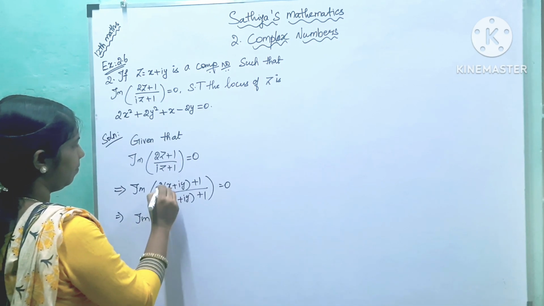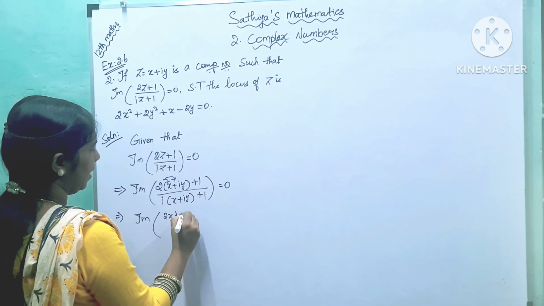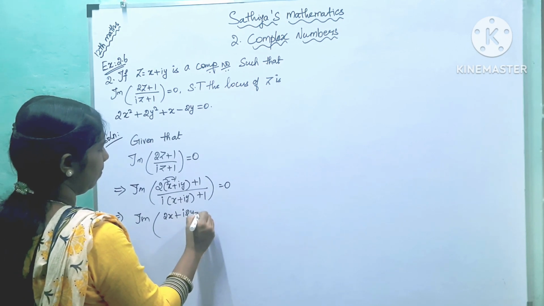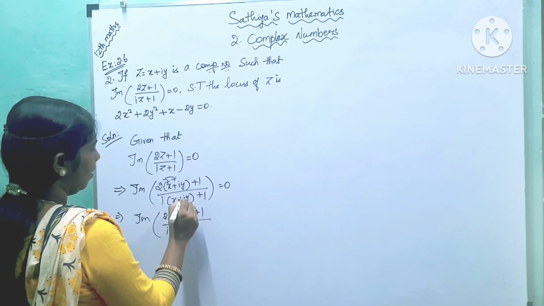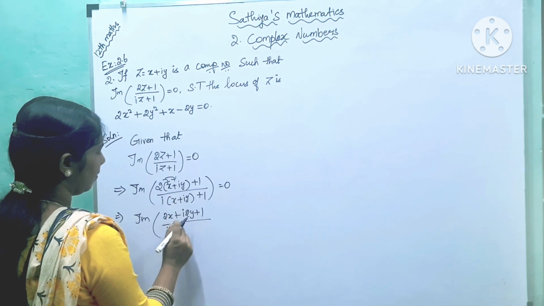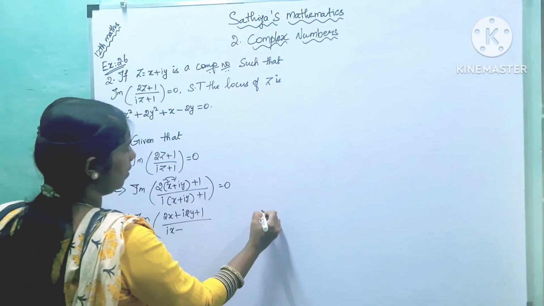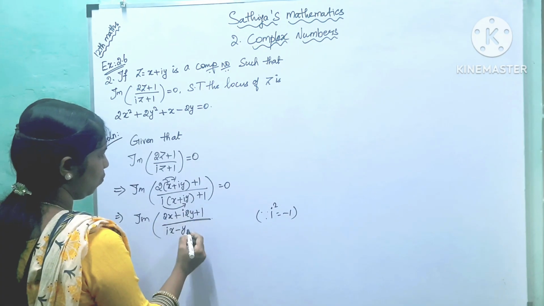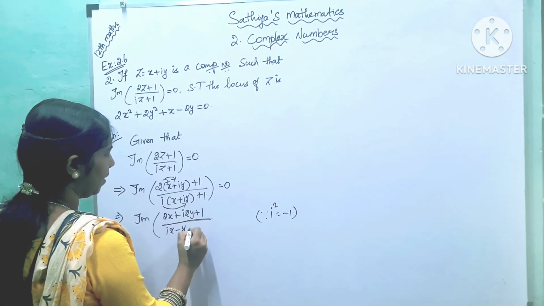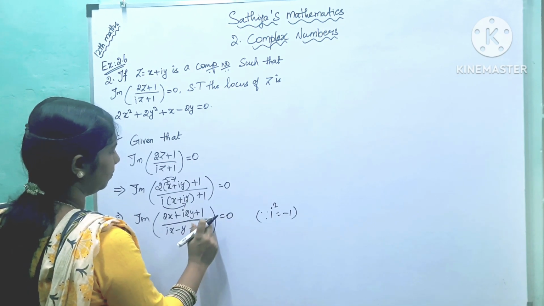Imaginary part of, multiply 2 inside, it is 2x plus i into 2y plus 1 divided by ix plus i into i is i square. We know that the i square value is minus 1. Minus 1 into y is minus y plus 1 is equal to 0.